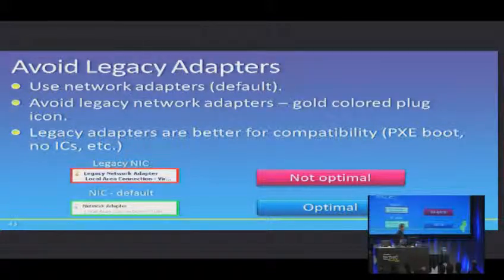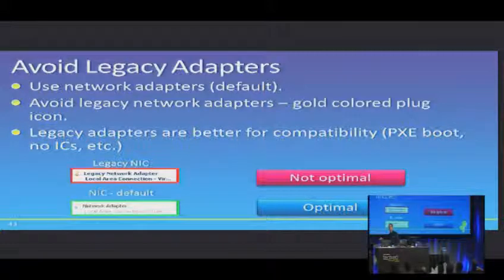A key thing to understand is not only are legacy network adapters significantly slower than standard network adapters, but even if you have a virtual machine where network performance isn't a big deal, having a legacy network adapter in a virtual machine means we're going to be running more emulation code anytime the network gets touched.